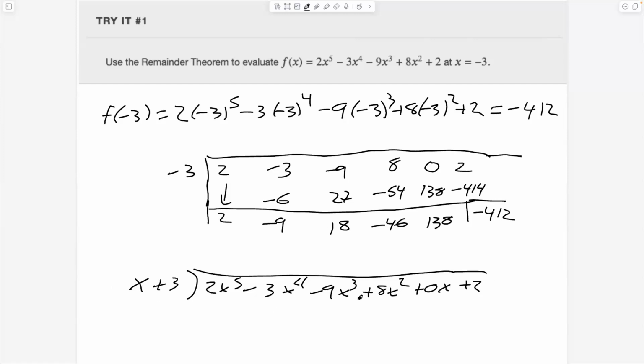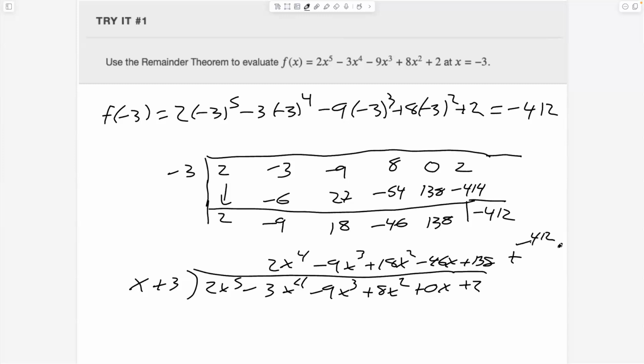If I were to do this long division, here's what I'll get for my quotient, and I'm always going to have 1 degree less. So I started with a 5th degree polynomial. These will be the coefficients starting here at x to the 4th. 2x to the 4th minus 9x cubed, and you should try this on your own. 18x squared minus 46x plus 138, and then plus a remainder.